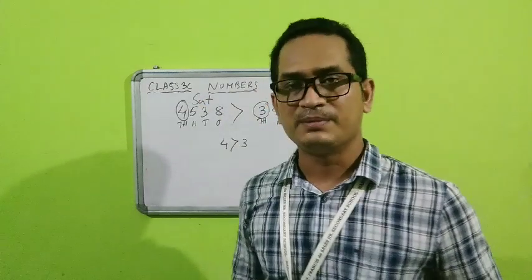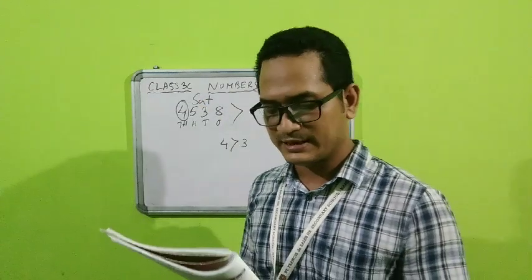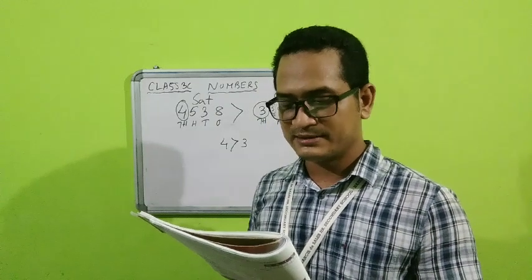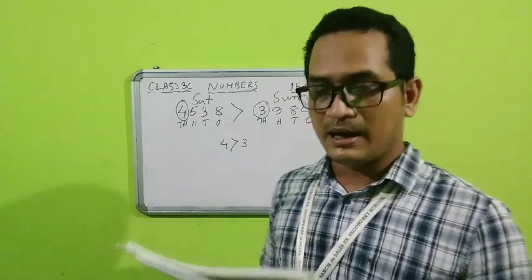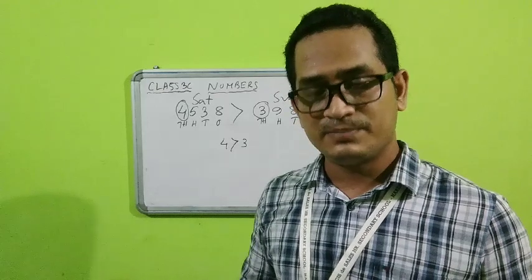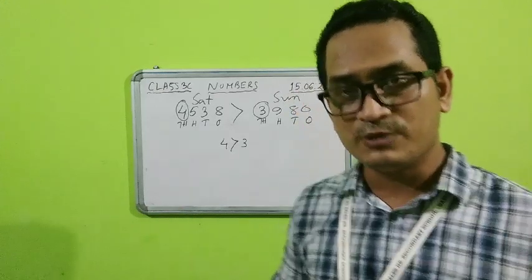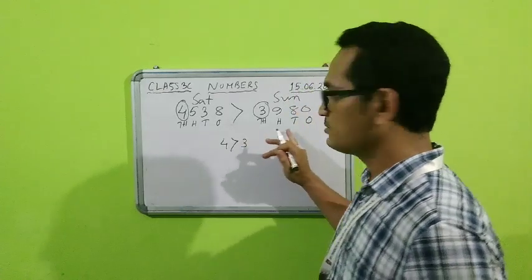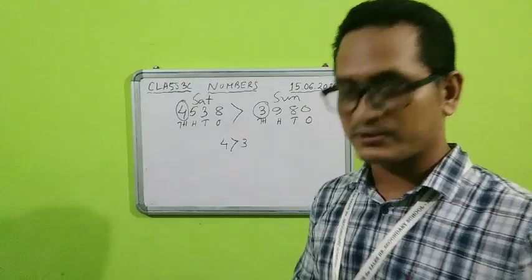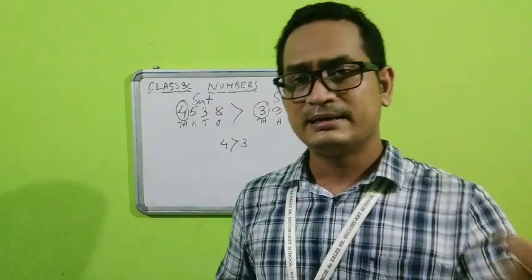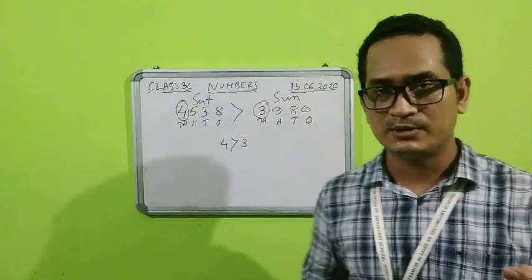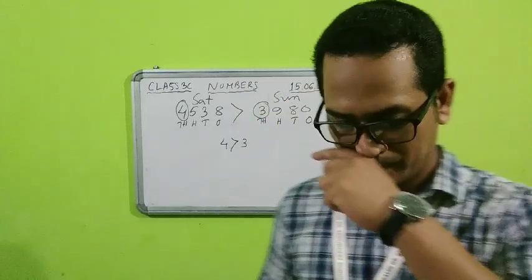On Saturday people visited more. That is 4,538. On which day did fewer people come? That is on Sunday. So according to the question, the answer will be Sunday. On Sunday fewer people came.